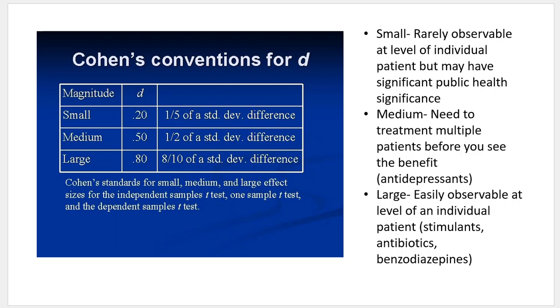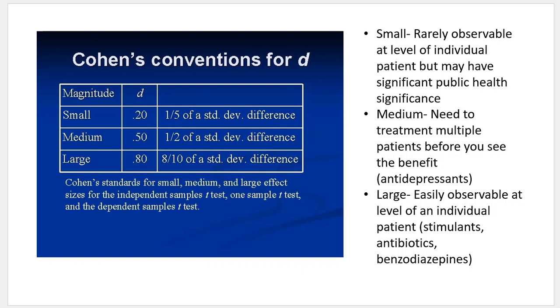So that's giving a stimulant to a person with ADHD, giving Xanax to a person who's acutely anxious, or injecting Ativan if a person's having a seizure, giving an antibiotic to a person with streptococcal pharyngitis. The patient's going to say, I am better.